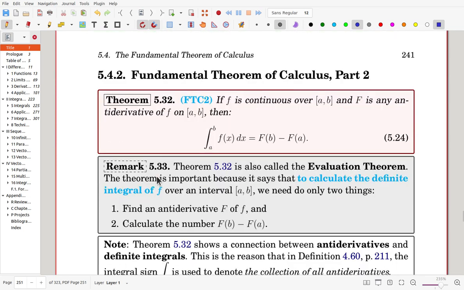Okay, let's go to part 2 of the fundamental theorem of calculus.